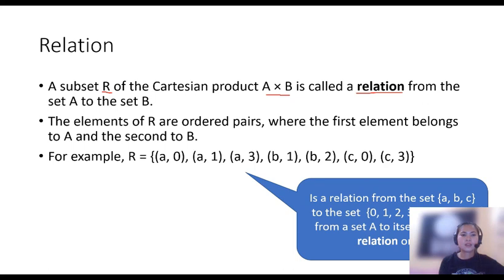Okay, so it is from set A to the set B. Okay, so the elements of R are ordered pairs where the first element belongs to A at saka yung second element belongs to B. So, for example, this here is a relation from set A, B, C to the set 1, 2, 0, 1, 2, 3. So, that is a relation.